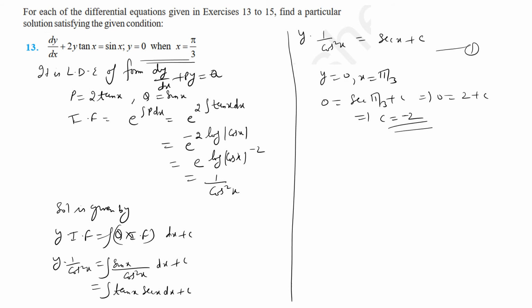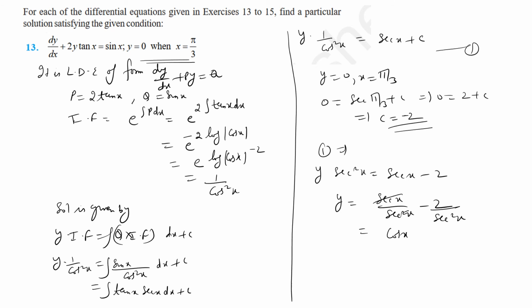So y secant square x is equal to secant x minus 2. This can be written as y equals secant x upon secant square x minus 2 upon secant square x, which becomes cos x minus 2 cos square x, which is the required particular solution.